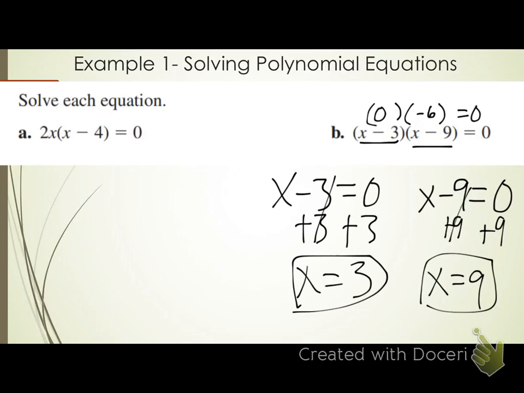Yes, it does. Plug 9 in. 9 minus 3? 6. 9 minus 9? 0. 6 times 0? 0. 0 equals 0. They both check out. We okay with example 1A and B? How are we feeling after two examples? Good.